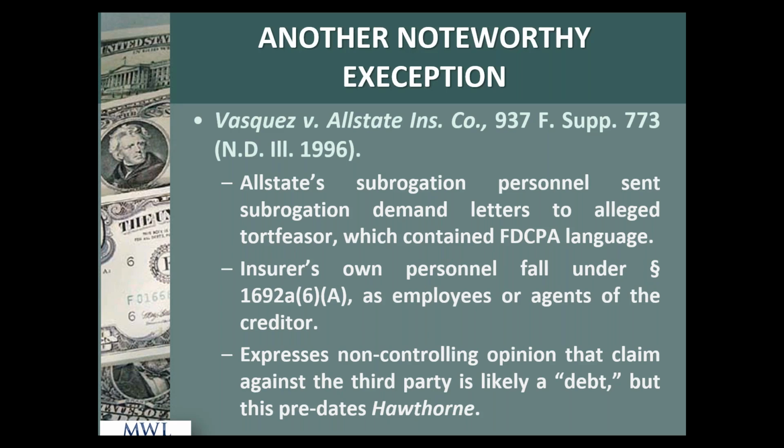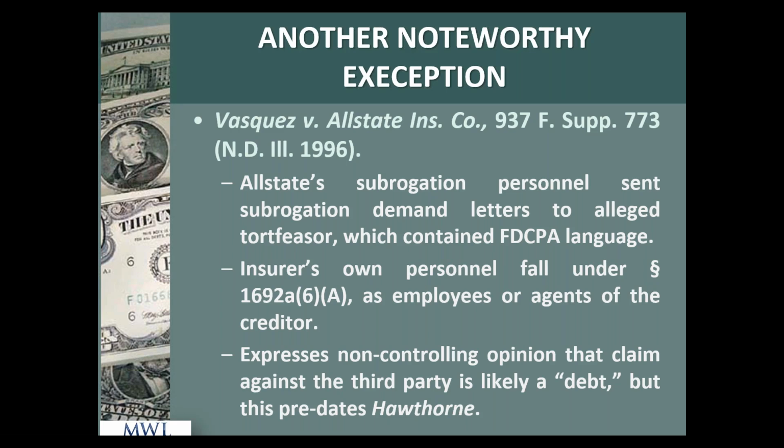And I think we're pretty familiar with the fact that there's a lot of insurance groups that have a lot of different arms to them. So they try to say this isn't necessarily Allstate. This isn't the insurer, but this is Allstate's different subrogation people, and they're in a different state and in a different building. And the court didn't find that compelling. They said, no, this is an employee of the creditor, and we're not going to apply the act in this case.